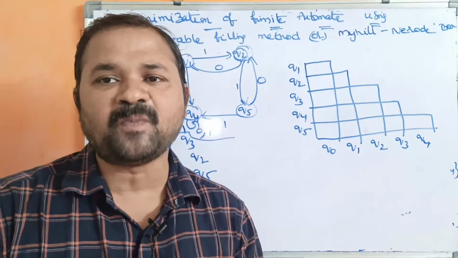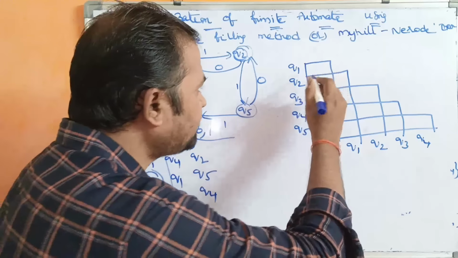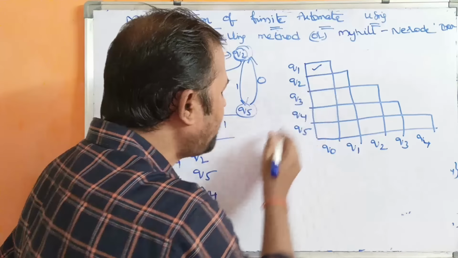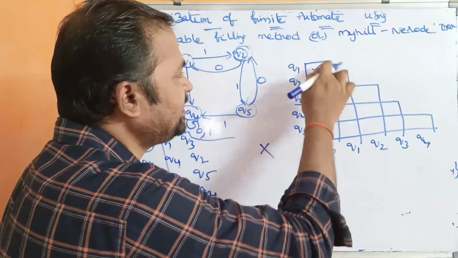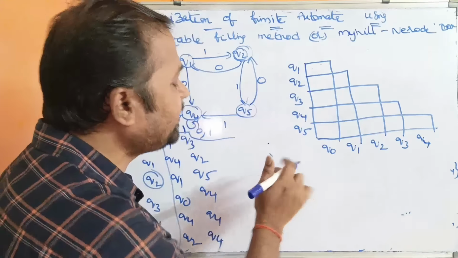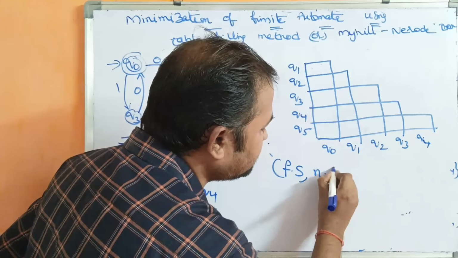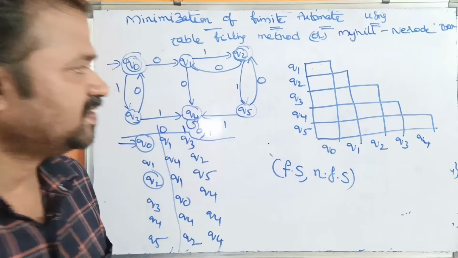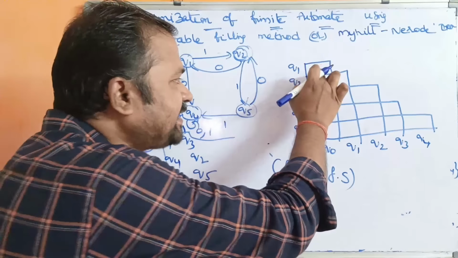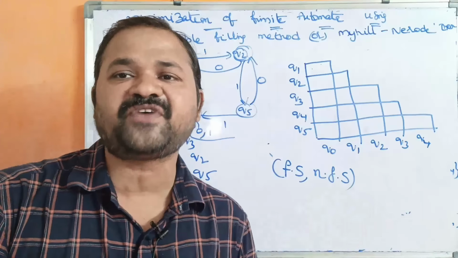Now we have to mark the states. For marking we can use either a tick mark or a cross mark, any symbol. We can mark a pair if the pair contains a final state as well as a non-final state.